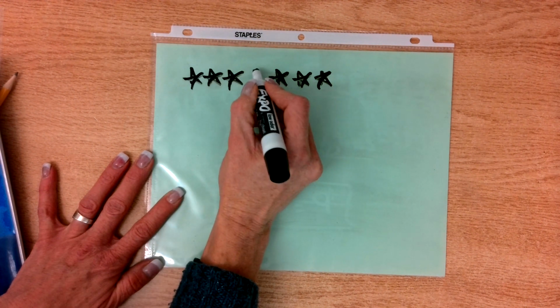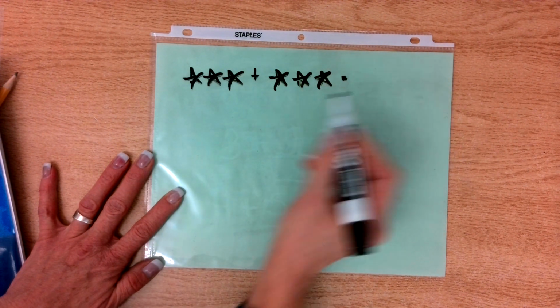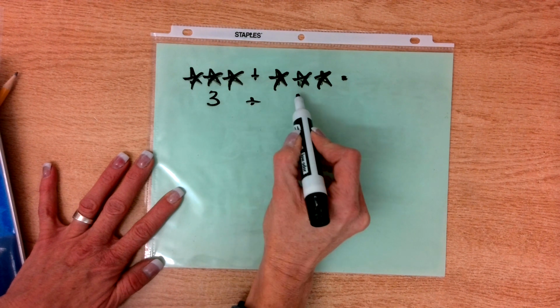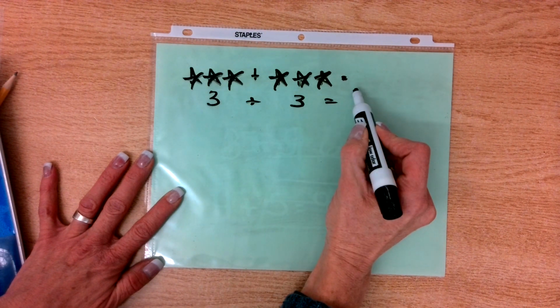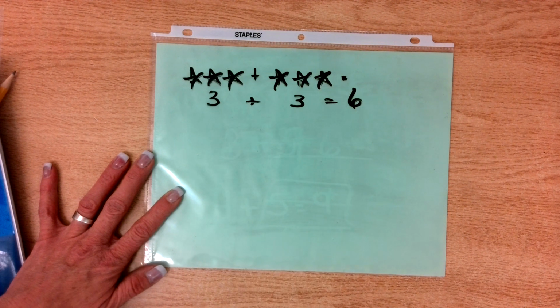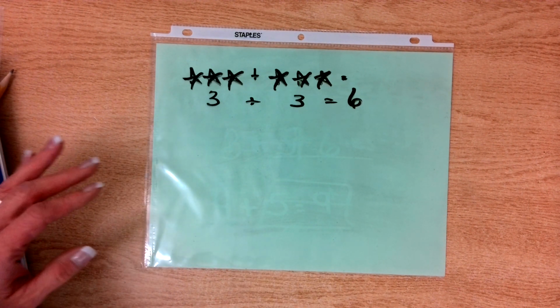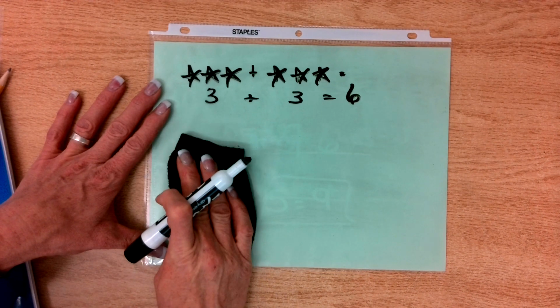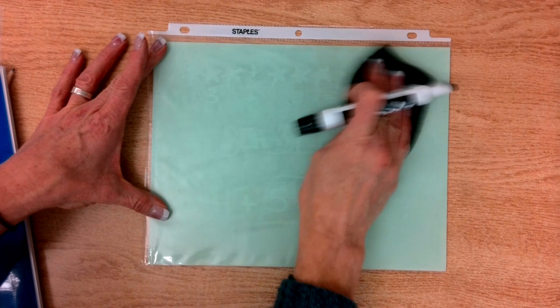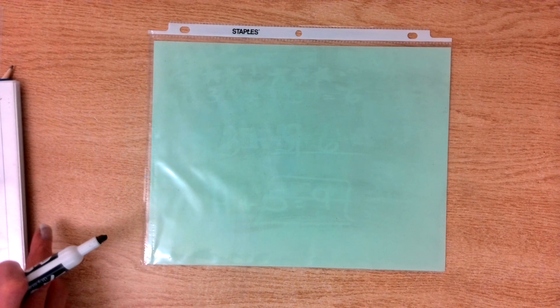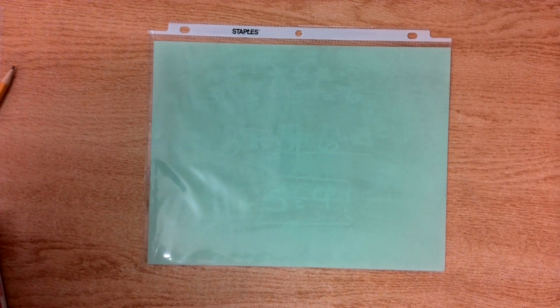So I can do 3 plus 3 equals, oh, I know that. That's a double. 3 plus 3 is 6. So there you go. However you solved it, wonderful job. Okay. All right. Now the next problem, I'm going to use the number line.